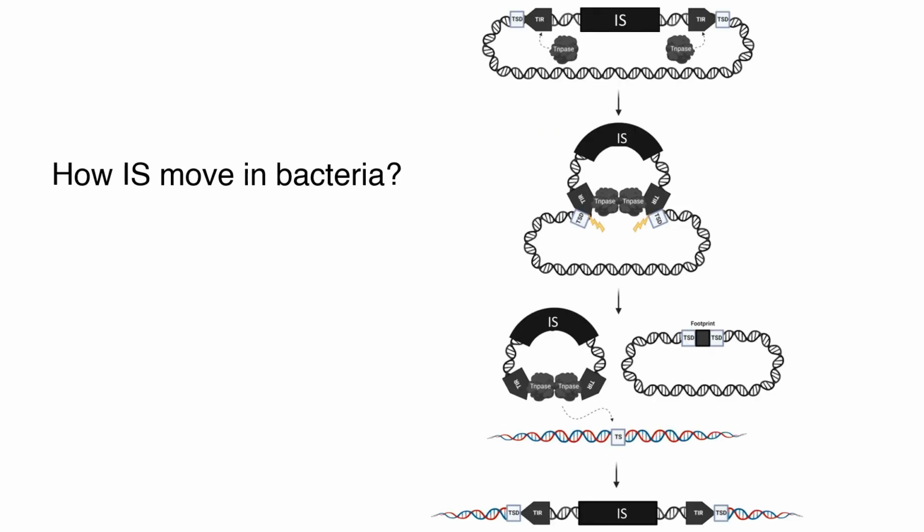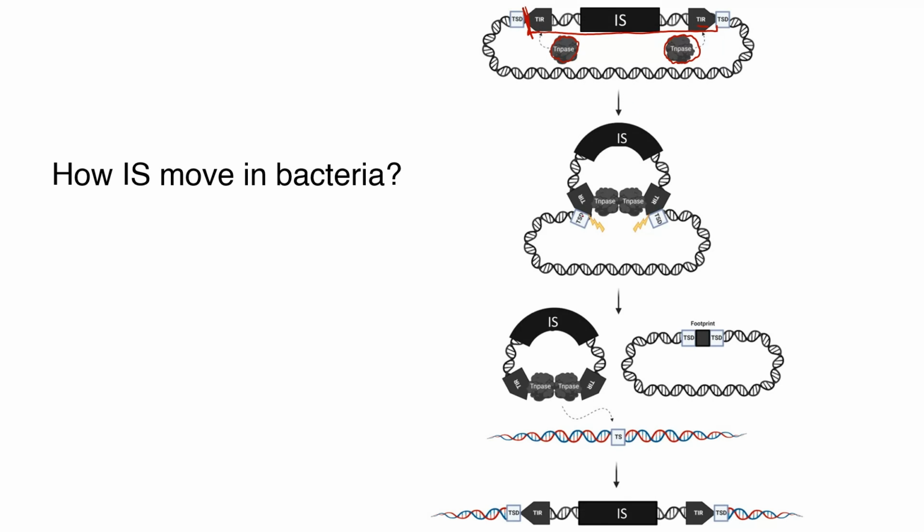This slide shows how these insertional sequences move in bacteria. If you look at this part of the diagram, this is an insertional sequence element. It is flanked by IRs, or terminal inverted repeats, and these are recognized by two subunits of the transposase, and then these transposase enzyme subunits cut at the TIRs.